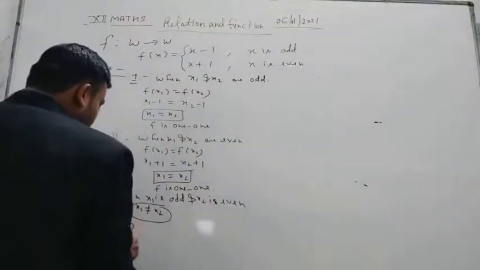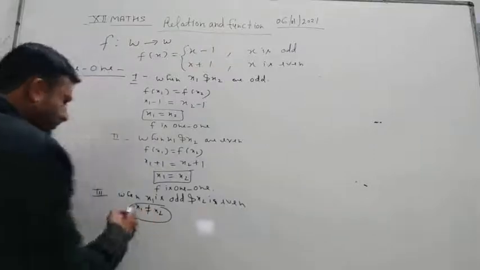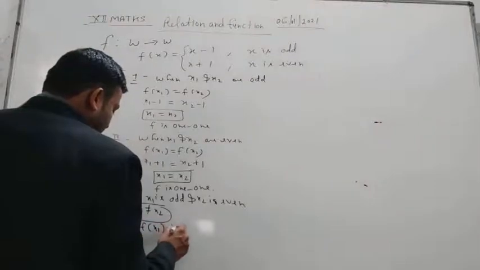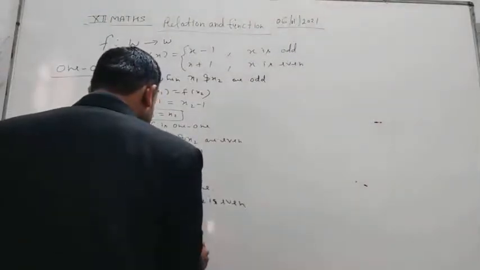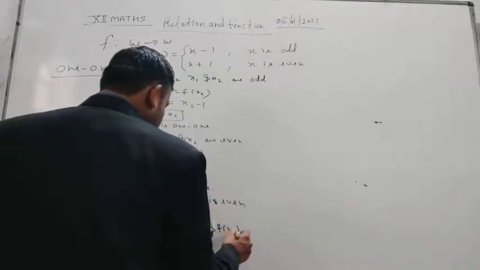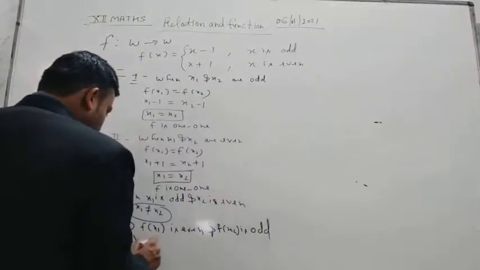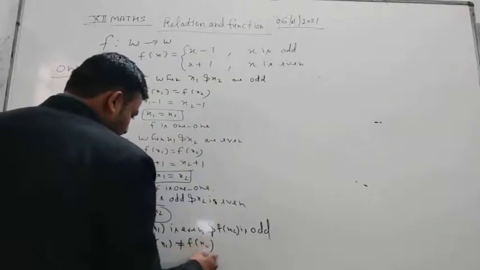So we can say that if x1 is not equal to x2, then our f(x1) is even and f(x2) is odd, and this implies f(x1) is not equal to f(x2).